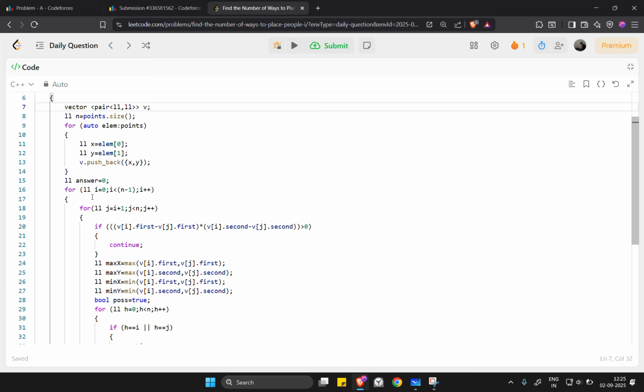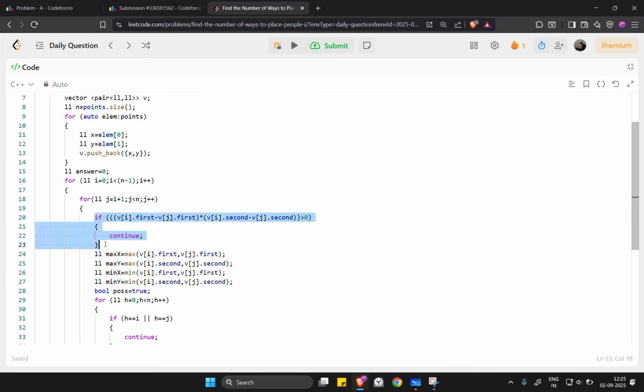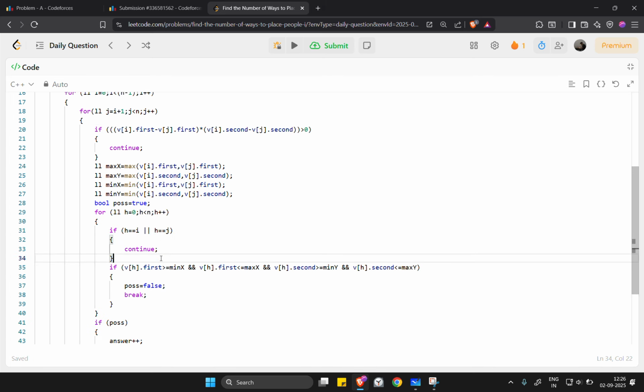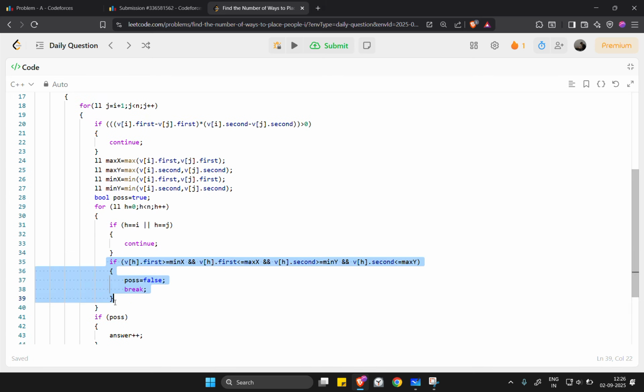You just iterate over i equal to 0 to every point, then all the points which are after that point in the given input vector, and you check this condition. If the slope is greater than 0, you just continue. Otherwise, for every point, you skip the point being equal to i or j, and check if it lies in the rectangle or not.